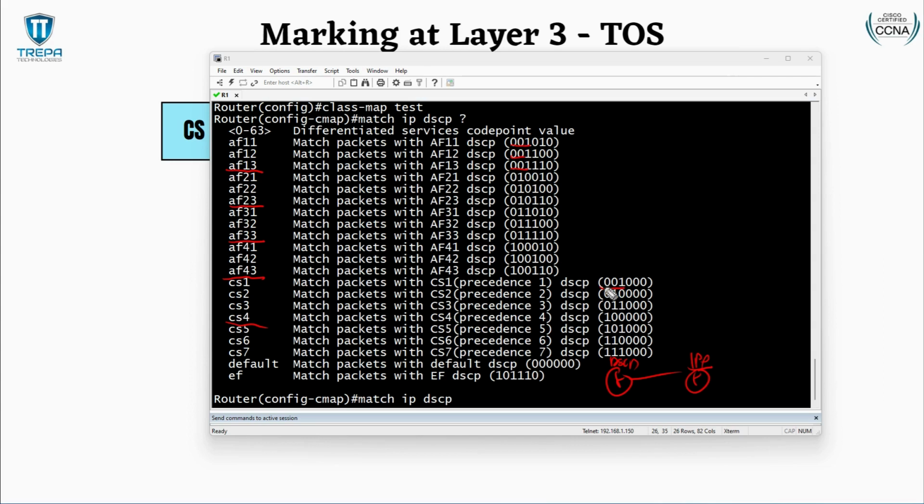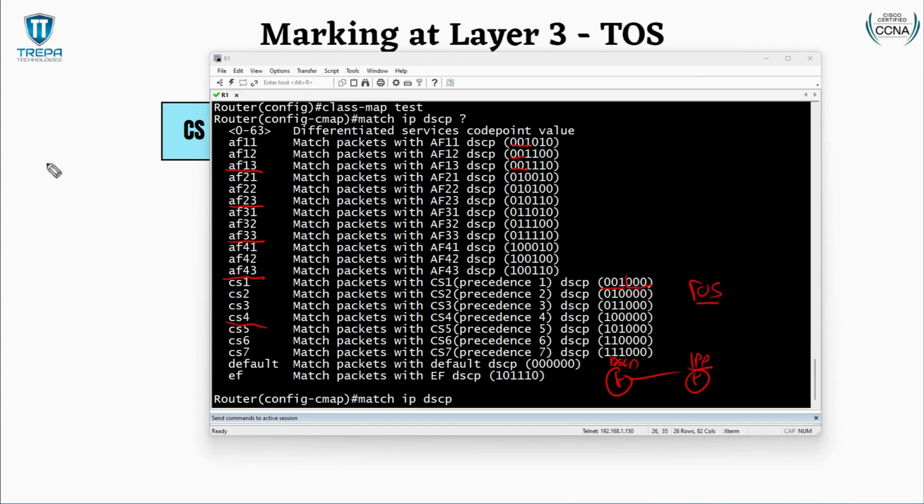They're the same. Remember, in that original TOS byte, only the first 3 were used to make our class selectors. We weren't using the rest of the bits. So that means when you're doing a TOS IP precedence, the next 3 bits were always zeros. But these first 3 bits always had a value in them.